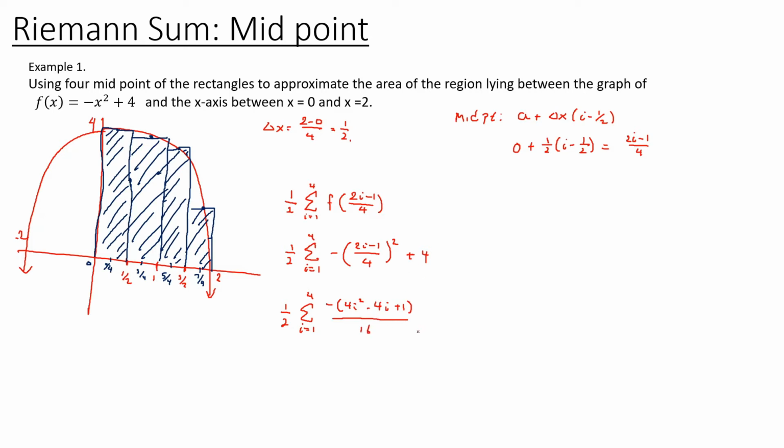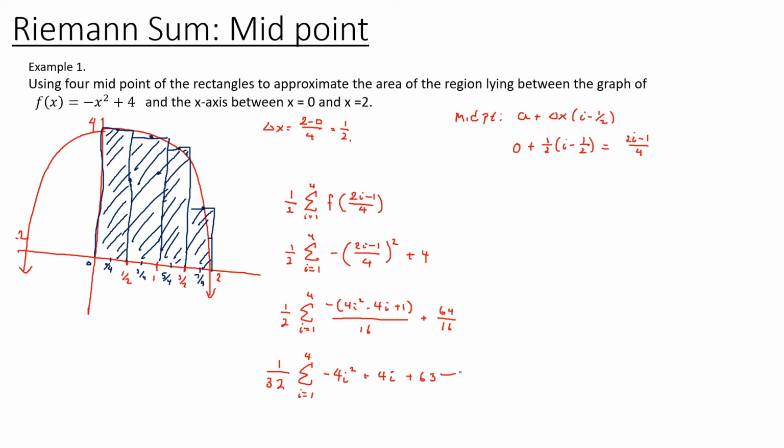I'm going to convert this 4 into a denominator of 16, which is how it becomes 64 over 16. So 1 over 16 could be factored out, and you have 1 over 32 because we factor out 1 over 16. This should leave you with negative 4i squared plus 4i plus 63. Now we have the sigma.